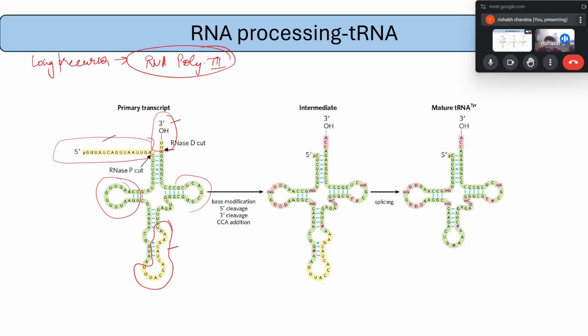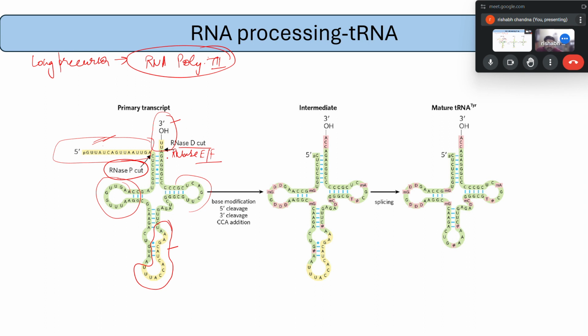So first, the 5 prime end of the transcript is removed by RNase P. So this is the 5 prime cleavage. Then the 3 prime cleavage has two cuts, one by RNase D and another by RNase E and F, like we studied in the rRNA case.